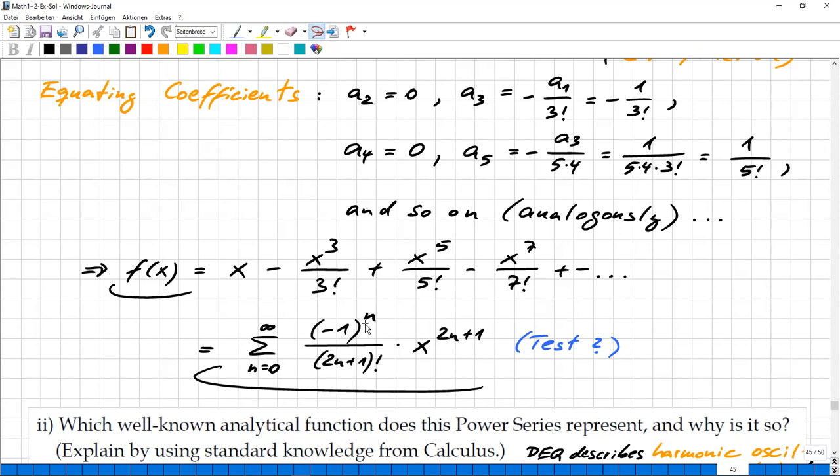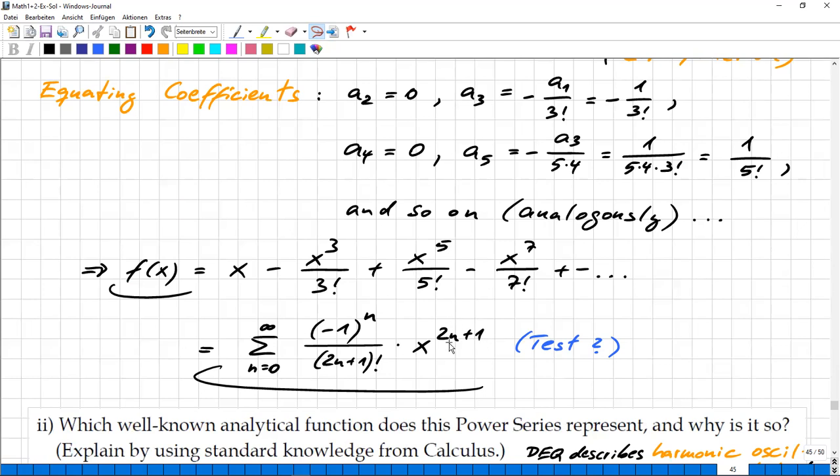Now, please don't overlook that every second term of the Taylor series has disappeared, like the constant, the quadratic, and so on. All the terms with even exponent, but that's already considered inside here, because I use x to the power of 2n plus 1. That's the usual way to construct an odd number, as you know.